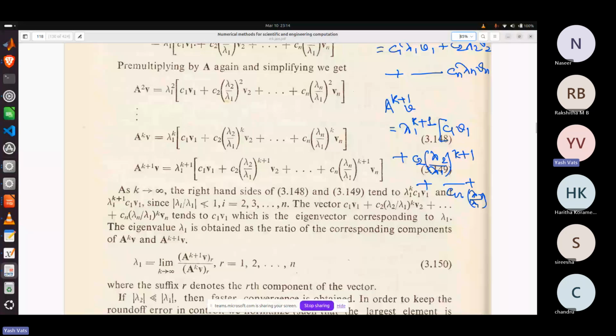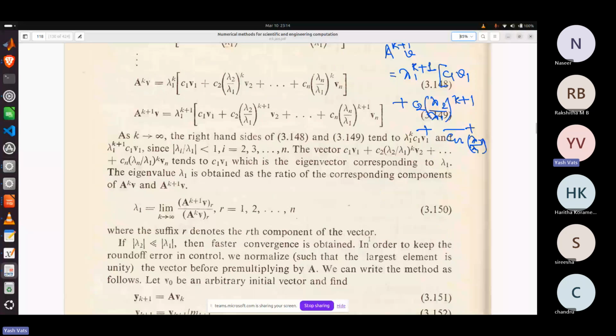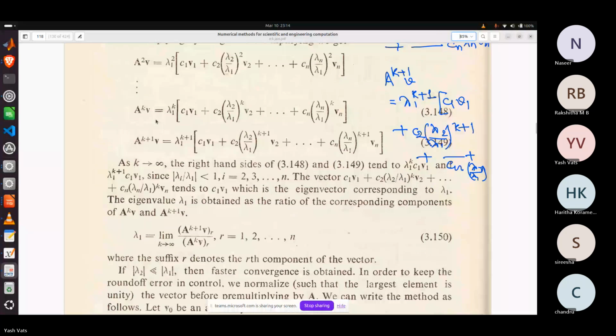So you can bound this whole bracket term by 1, so they will turn into this one. So you will get the vector C1 V1 plus C2 lambda 2 plus this, which tends to C1 V1, which is the eigenvector corresponding to lambda 1. So ultimately you are approximating towards your eigenvector.